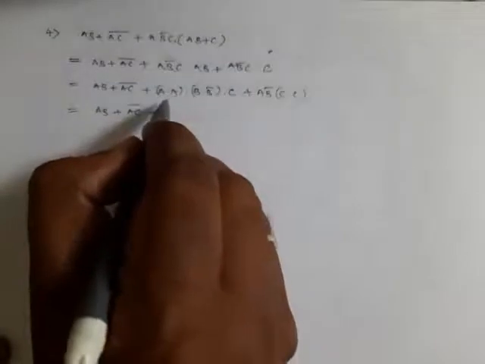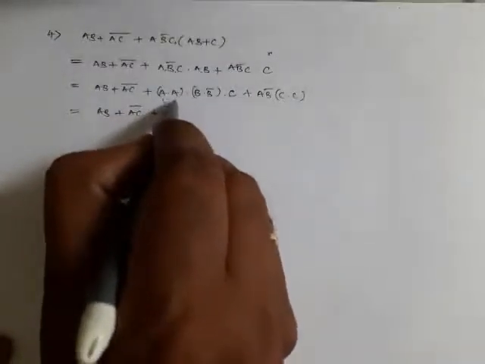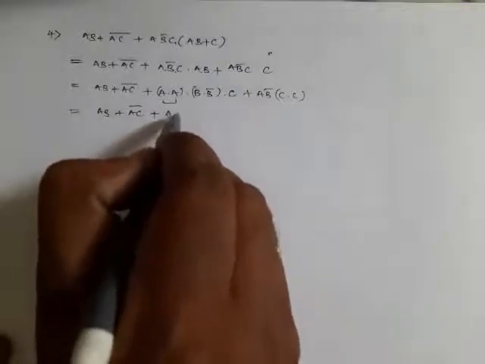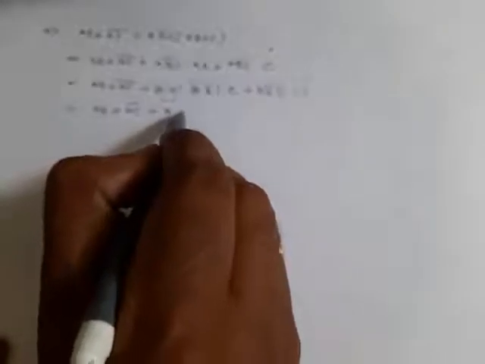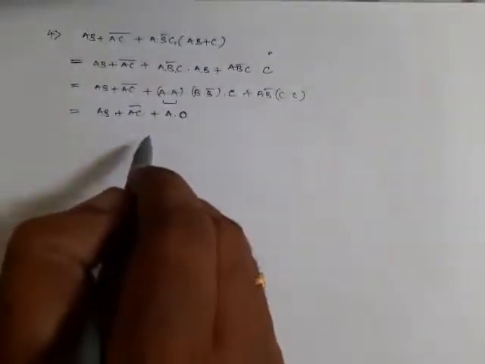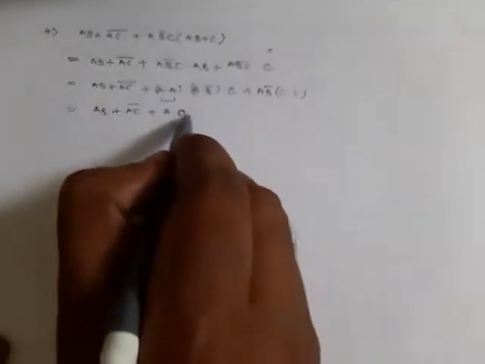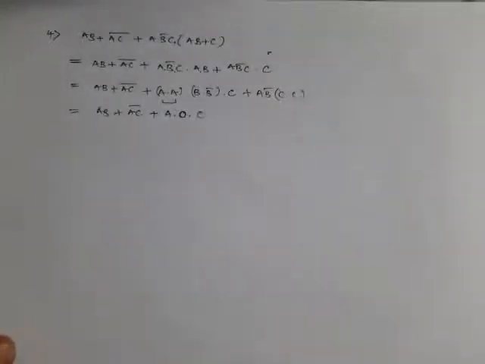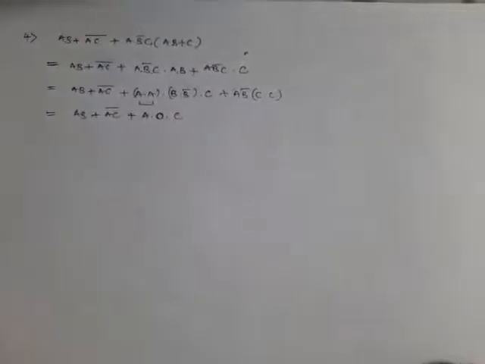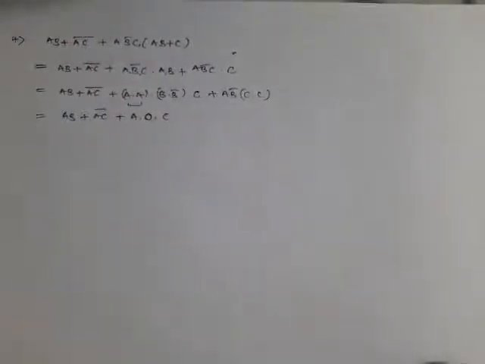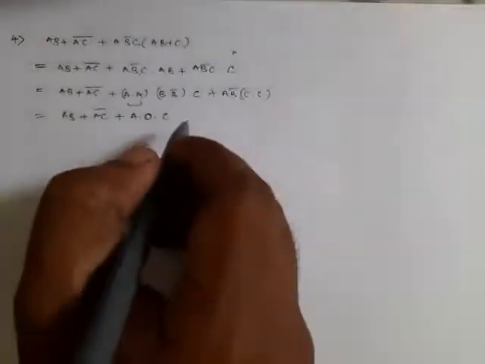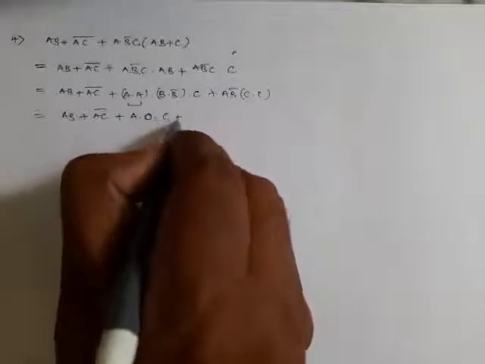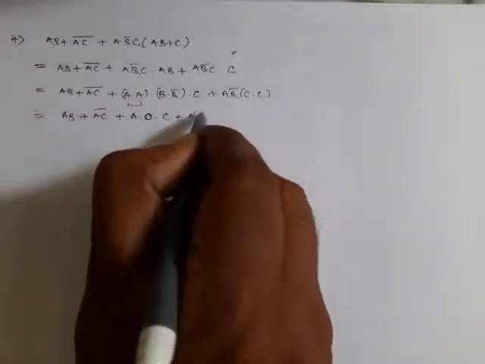Plus, you can see that this A dot A equals A itself, and B dot B bar equals 0, and dot C. And the remaining expression is AB bar C dot C, which is C itself.